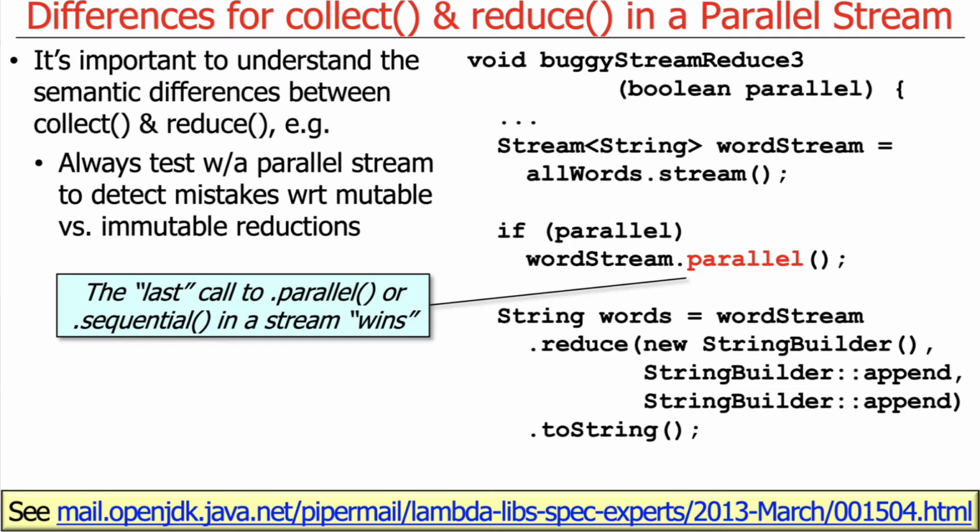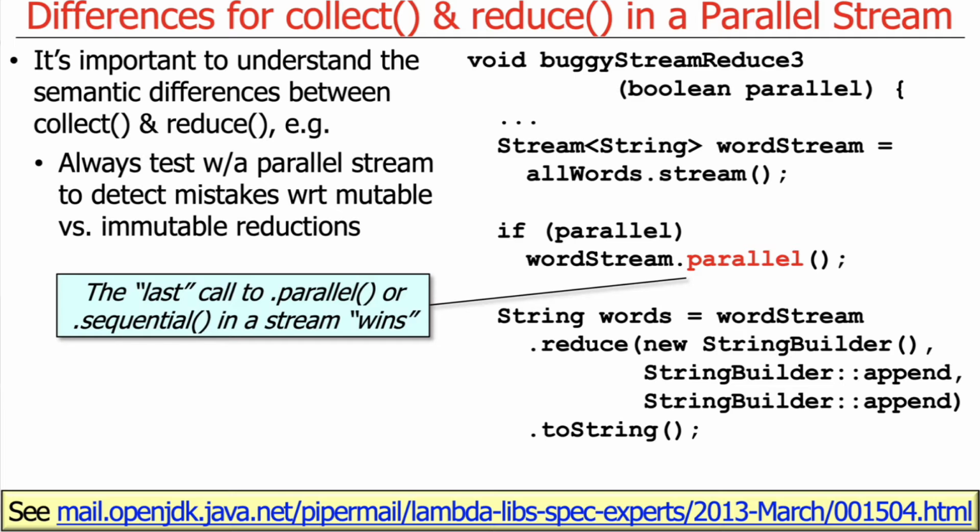Another little side note. Always remember that if you have sequential and parallel calls in your stream pipeline, whichever one occurs last wins. In this case, we start out with a sequential stream, and then if parallel is set to true, it will now be a parallel stream.